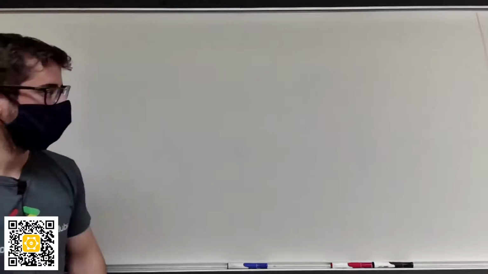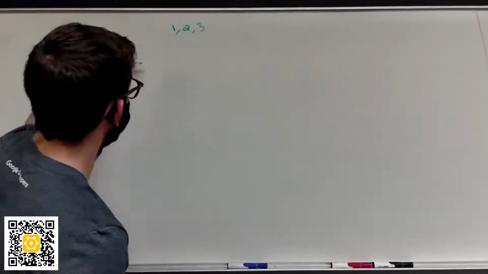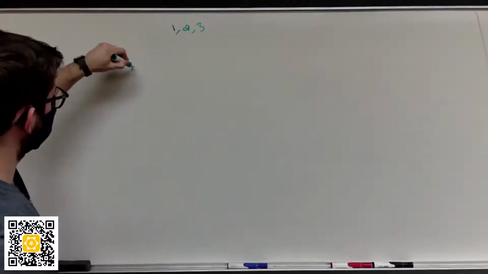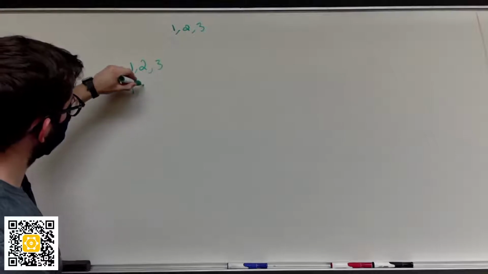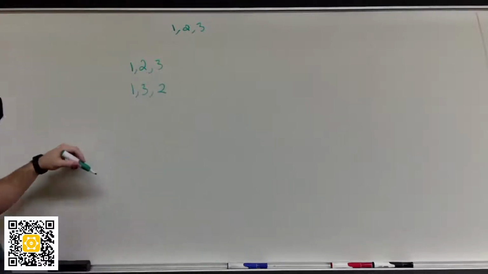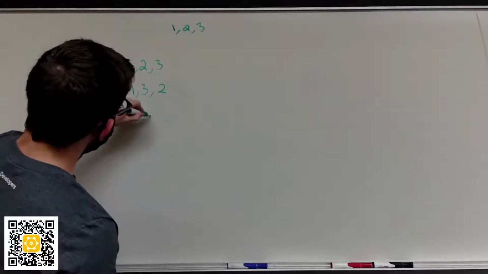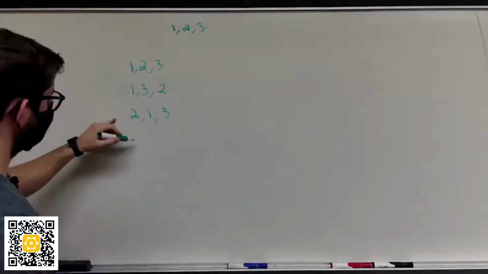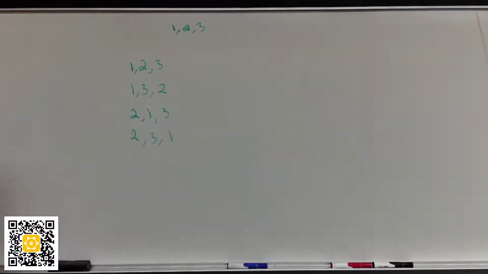Okay, so let's say we go back to that 1, 2, and 3. The first sequence is 1, 2, then 3. The second sequence is 1, 3, then 2. The third sequence is 2, 1, 3, then the fourth is 2, 3, and then 1. So there is a certain order to this.